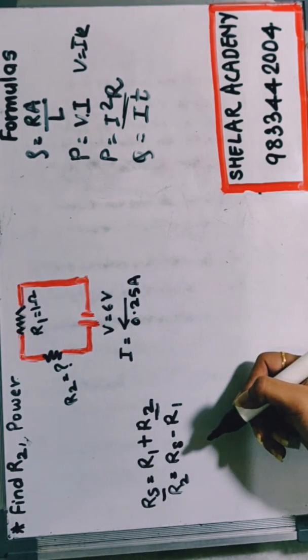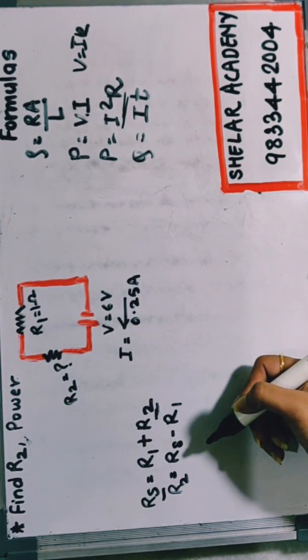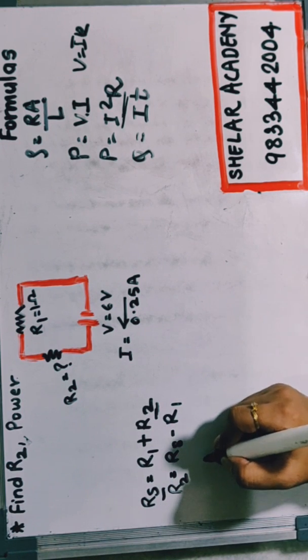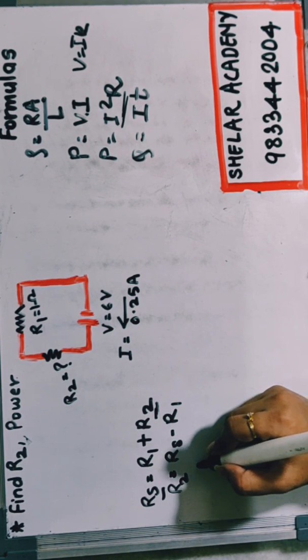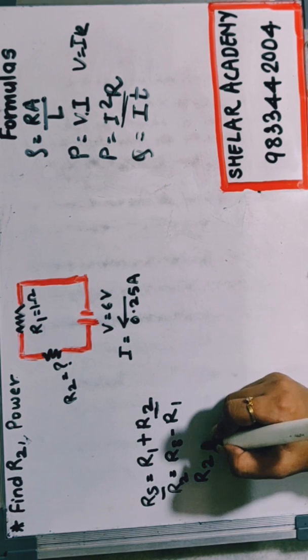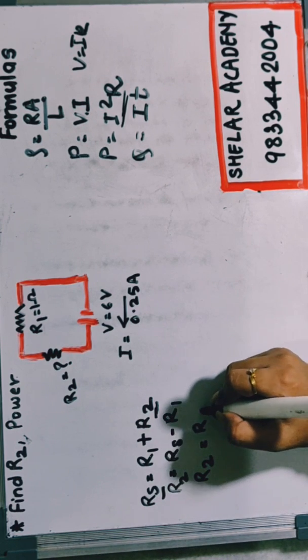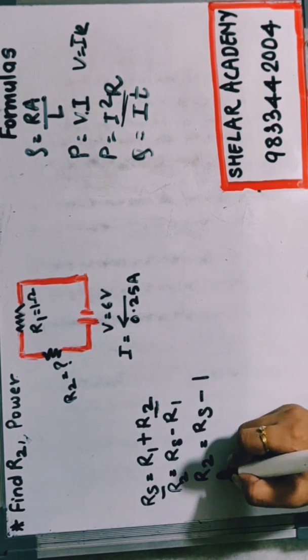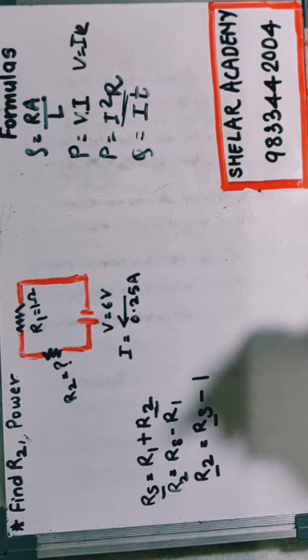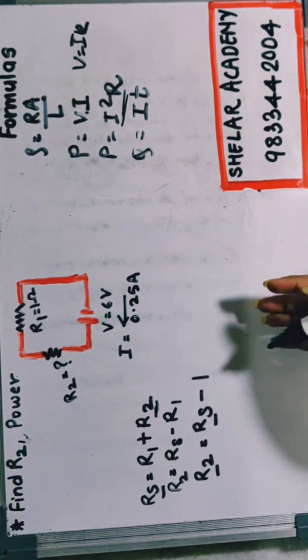If we just substitute the formula, but still we have not got these two resistors. How do we find it out?